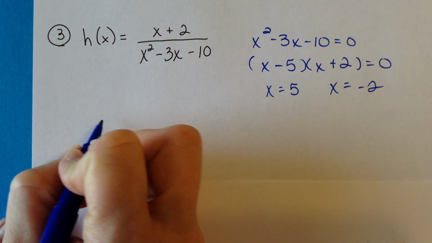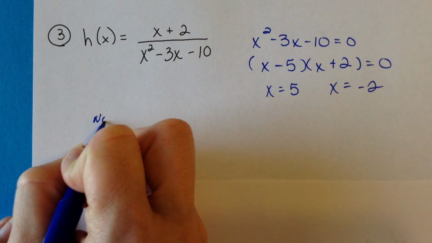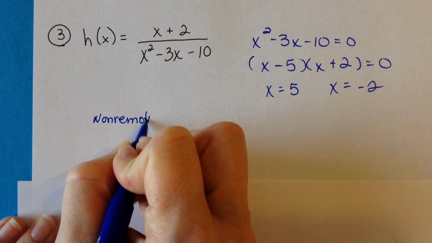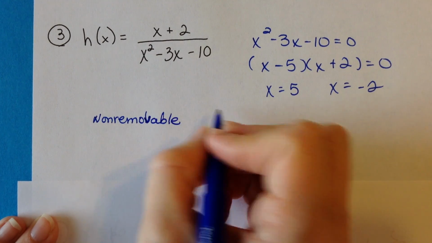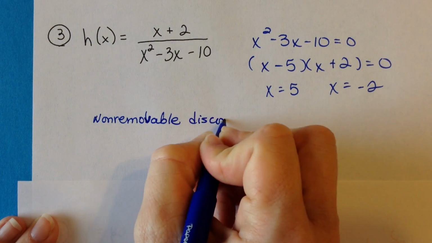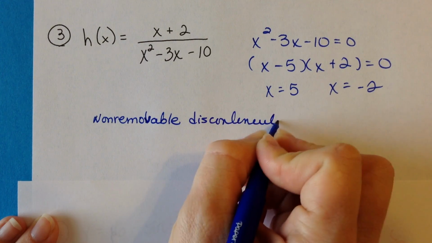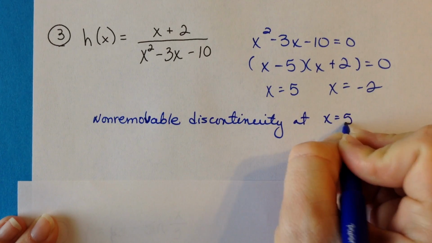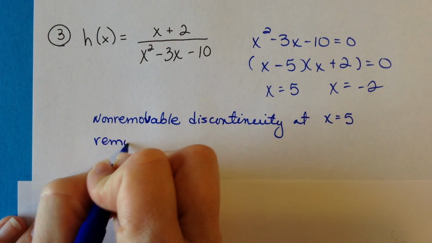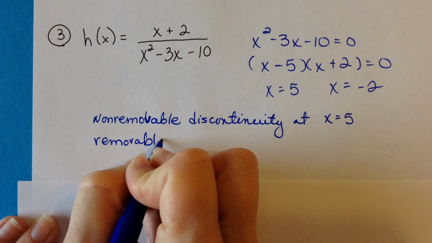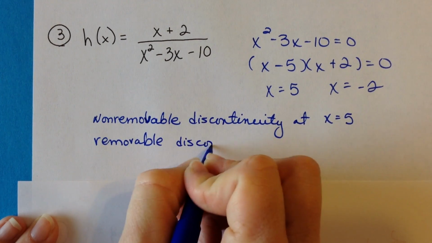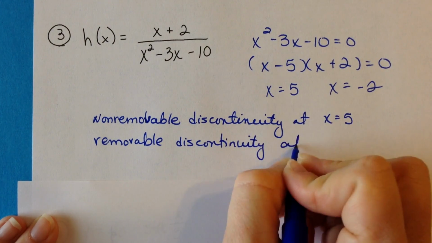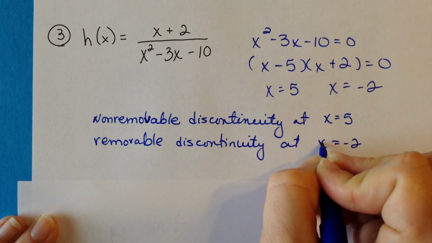So I'm going to say non-removable discontinuity at x equal 5, but then I would have a removable discontinuity at x equal -2.